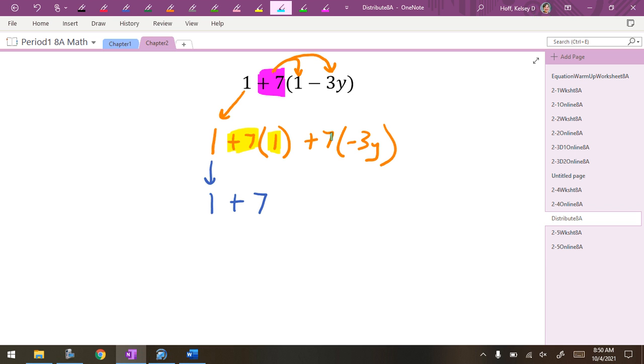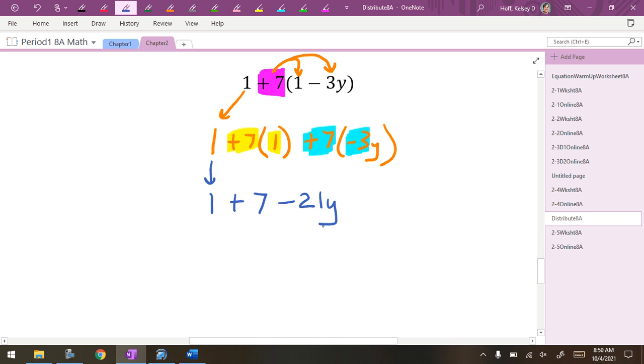Okay. 7 times negative 3. Use your calculator. Positive 7 times negative 3. Negative 21. But what can we not forget there? That one's got a y on it.